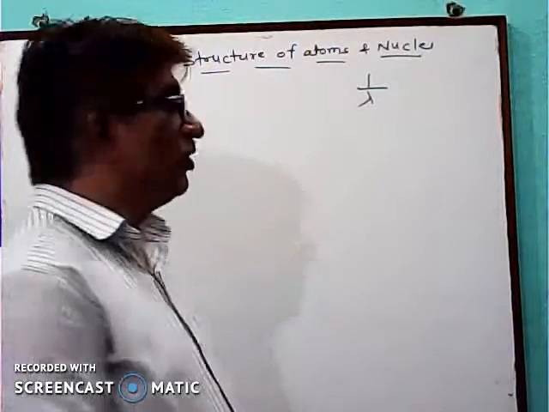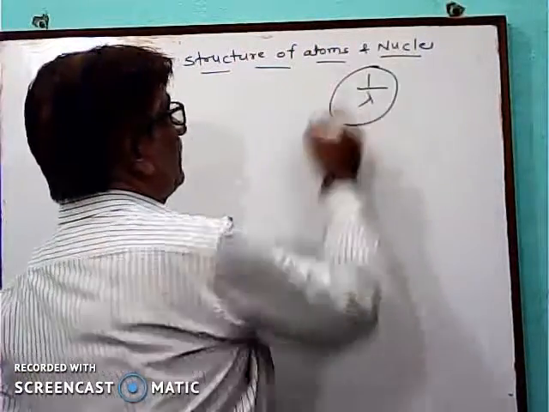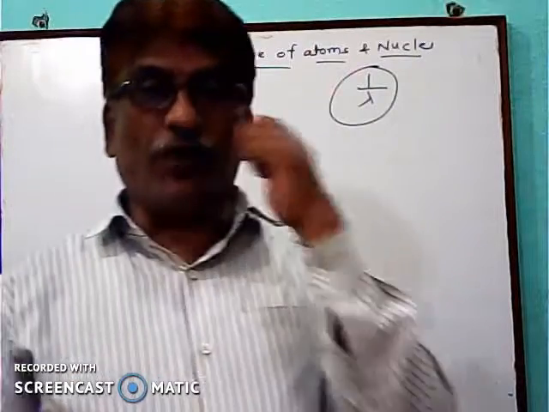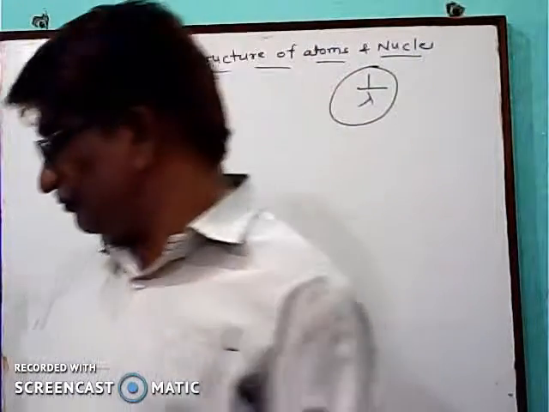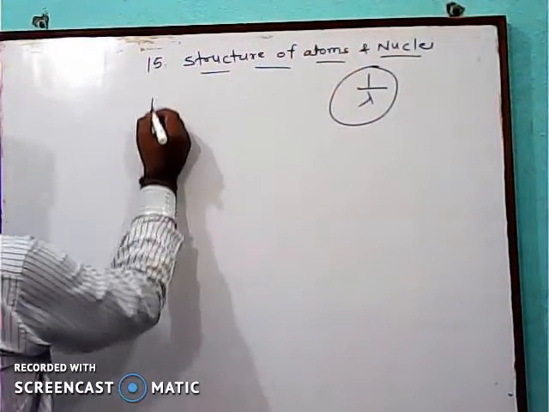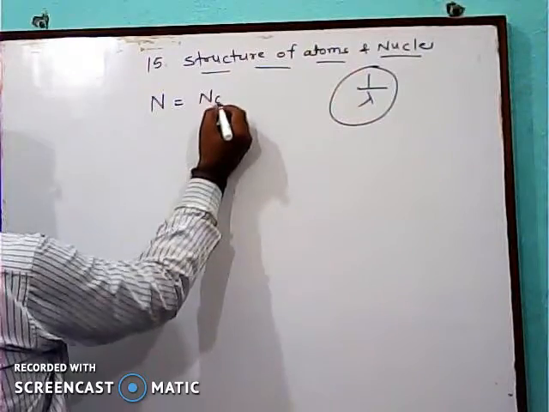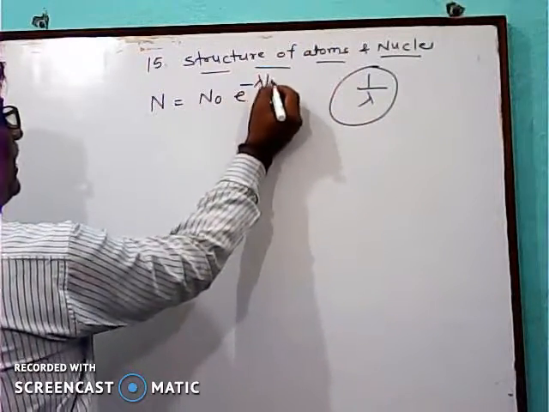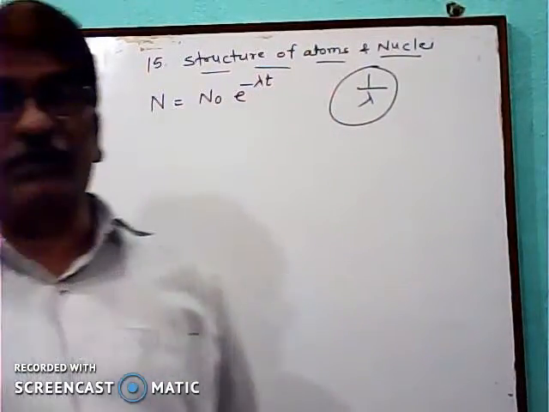So we want to see how this reciprocal of decay constant can be obtained. We know from the law of disintegration that N is equal to N0 e raised to minus lambda t.